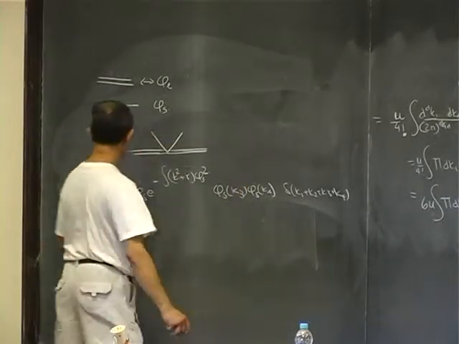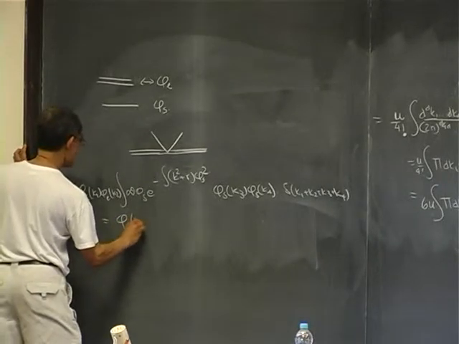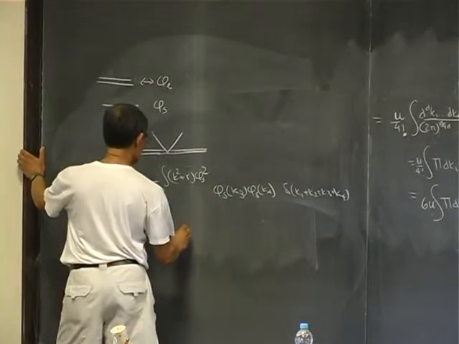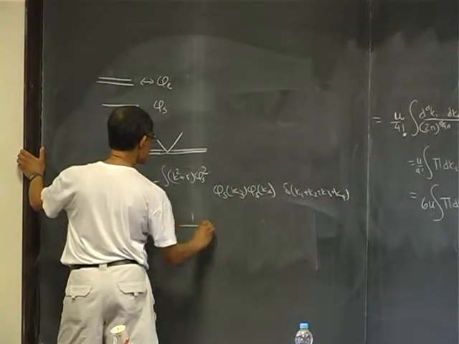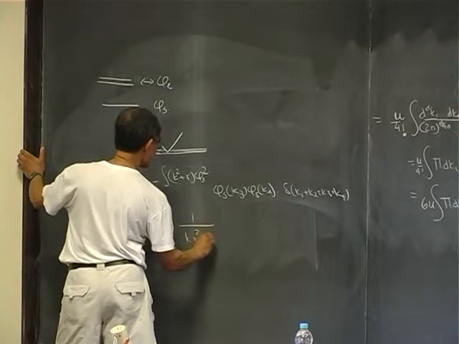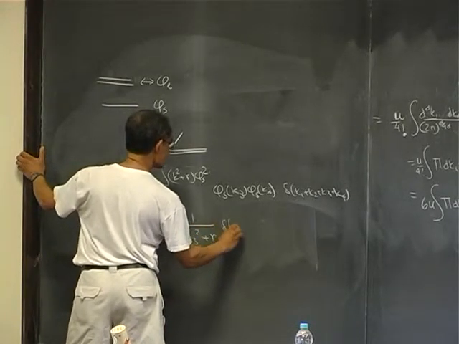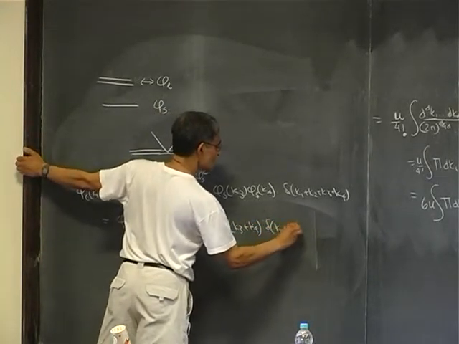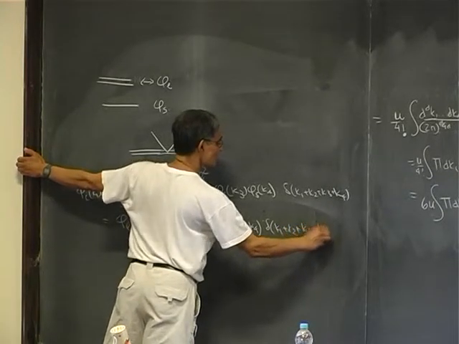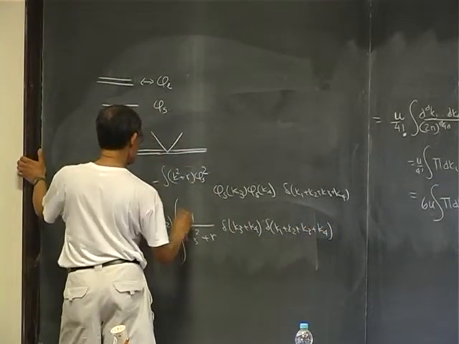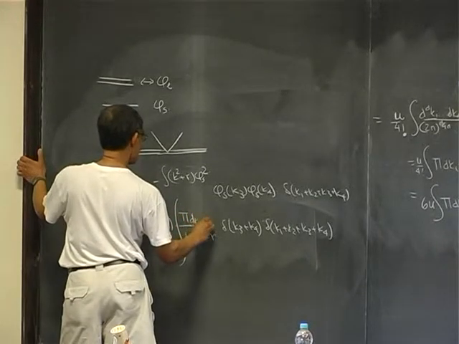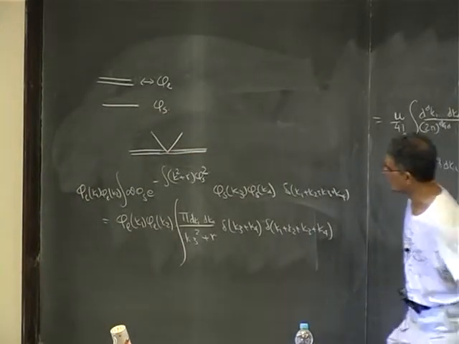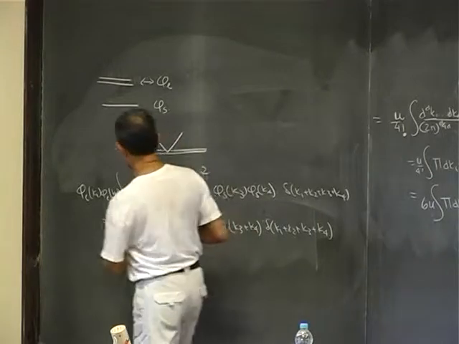You know how to calculate that? So that is phi L k1, phi L k2 and this thing is 1 upon k3 square plus r, delta function k3 plus k4, delta function of k1 plus k2 plus k3 plus k4, and then there are 4 integrals outside.